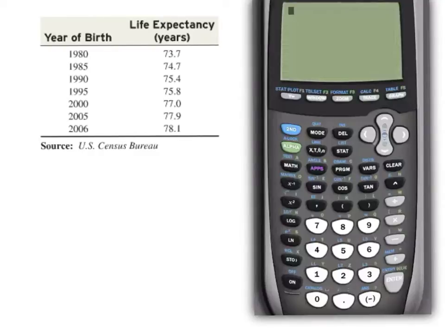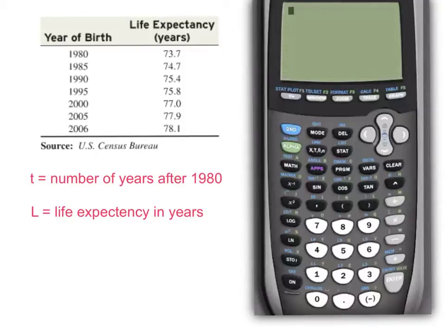The first step would be to define our variables. And we're going to let t represent the number of years after 1980. T will be our independent variable, and that'll be treated just like an x variable. We're going to let L be the life expectancy in years. L will be the dependent variable and will be treated like a y variable.